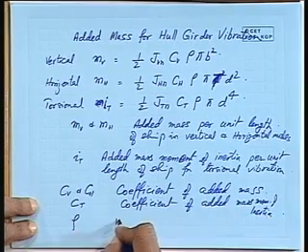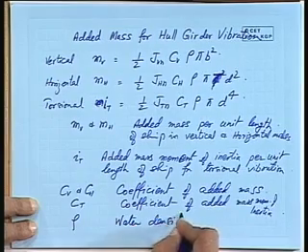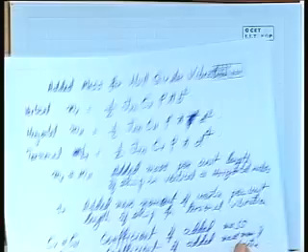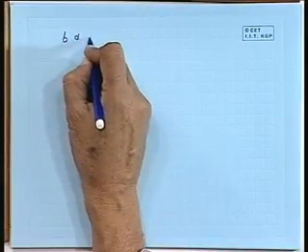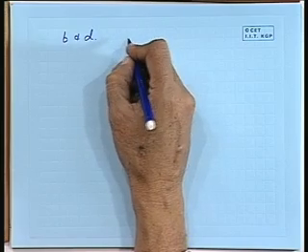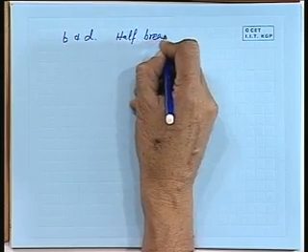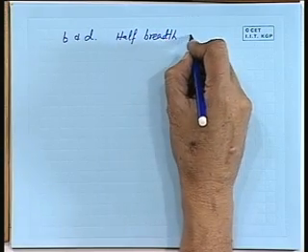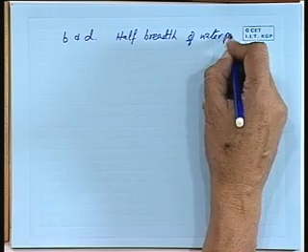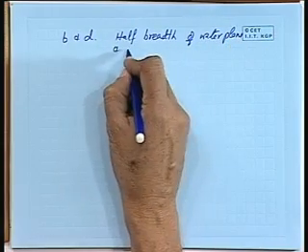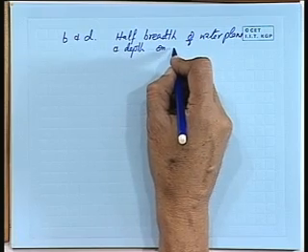Rho is water density. B and D are half breadth of water plane and depth, on water.